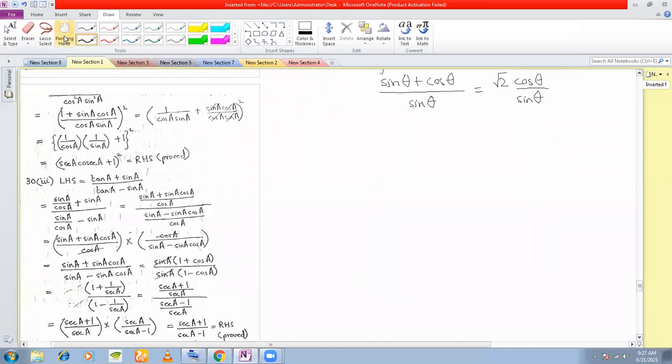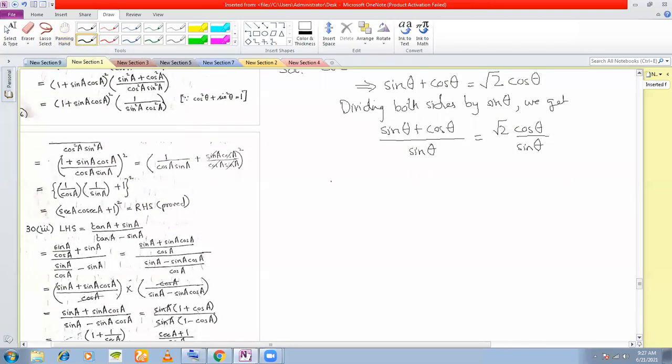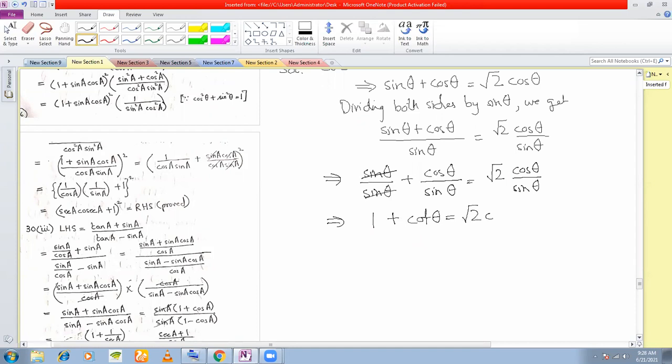So now in the next step, you get sin theta by sin theta, which is 1, plus cos theta by sin theta is equal to root 2 cos theta by sin theta. You'll get 1 plus cos theta by sin theta is cot theta. Root 2 again, cos by sin is cot.